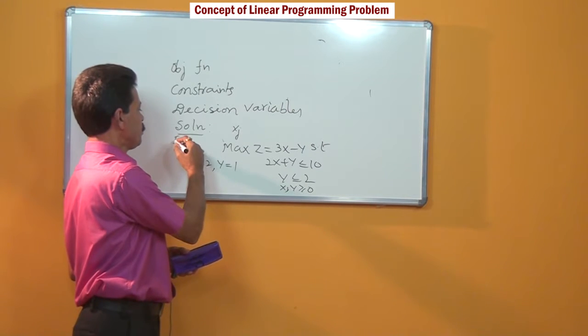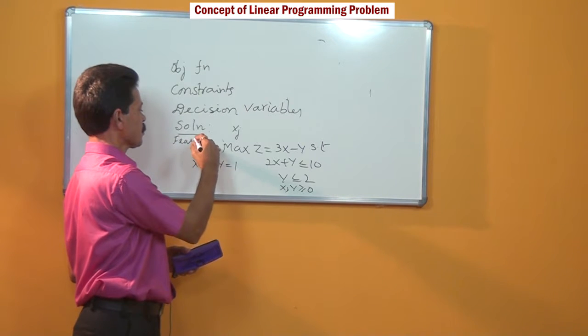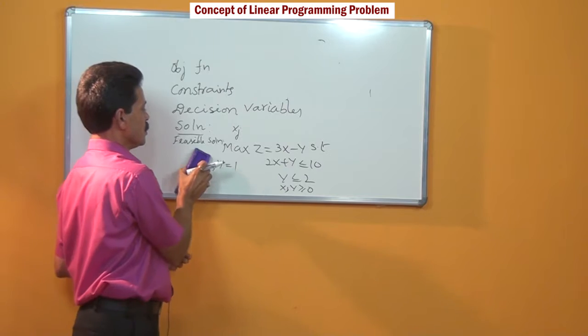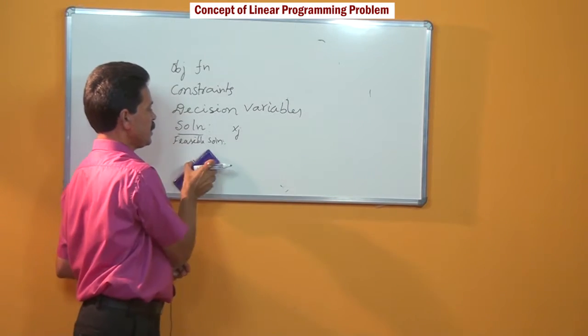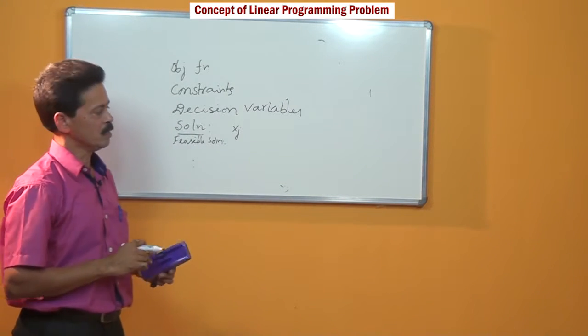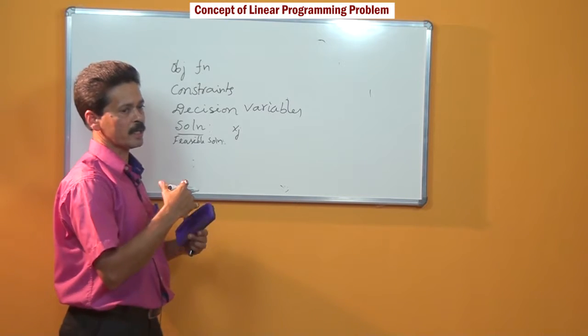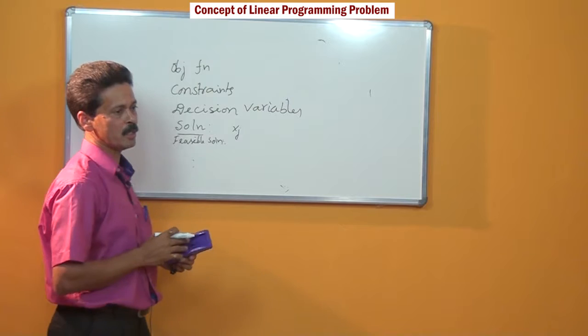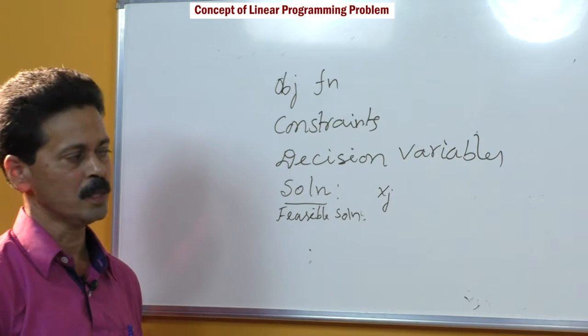Next one, feasible solution. Any set of values xj which satisfy the constraints as well as the non-negative restrictions is called a feasible solution.